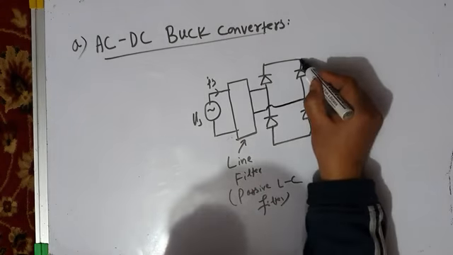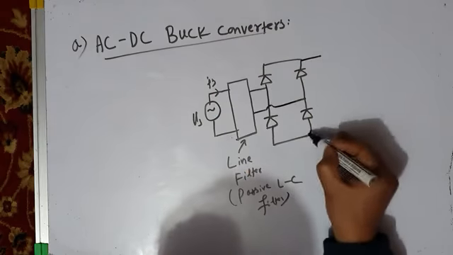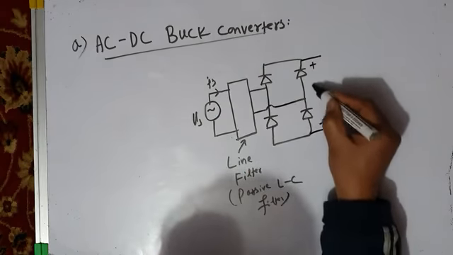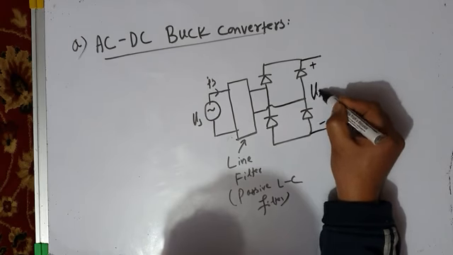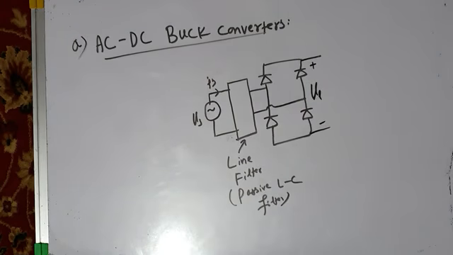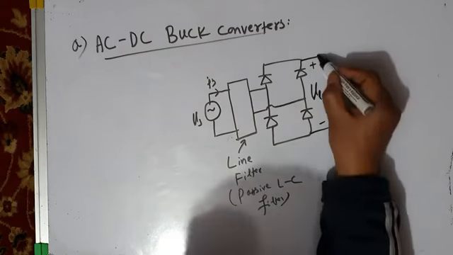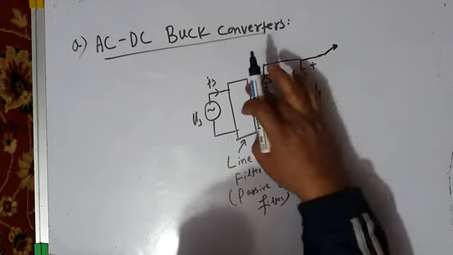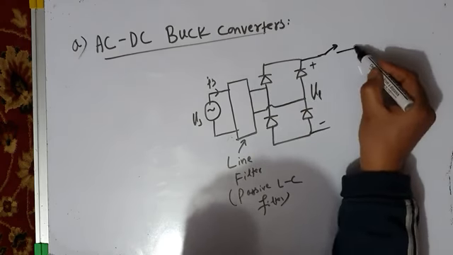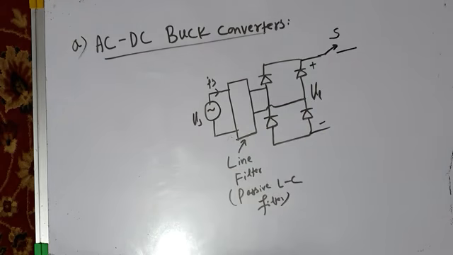Okay, now this rectified output यहाँ आपका है VDC या VL है, इसे कहेंगे. Output voltage is VL. And उसके बाद this rectifier is followed by DC to DC buck converter. This is a self-commutated switch.